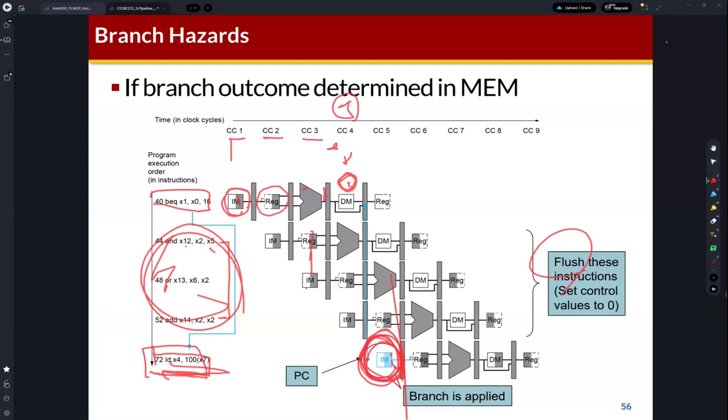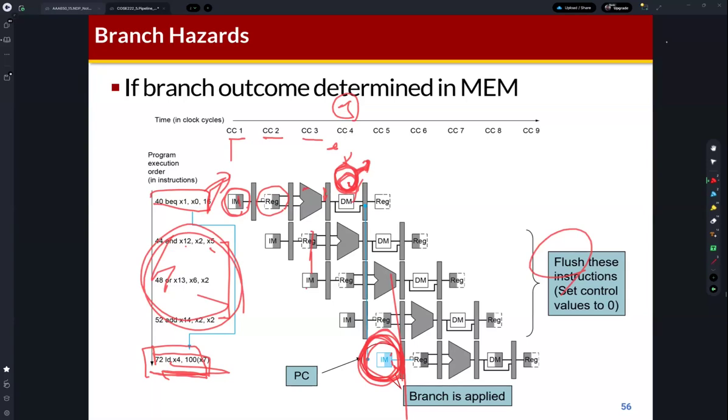What's the problem? Is it because we get to know the result of branch instructions late, right? Because we finally get to know the result of a branch instruction when the branch instruction is in the memory stage.